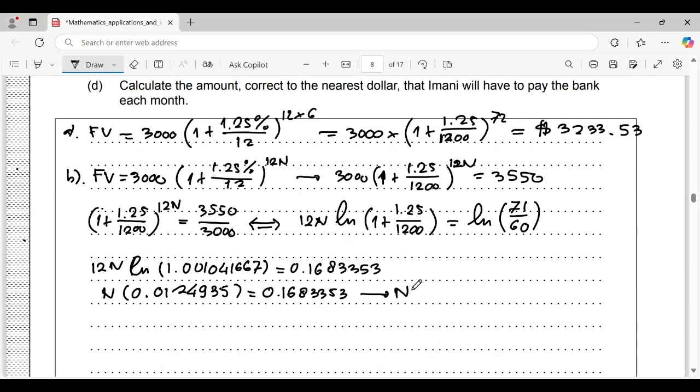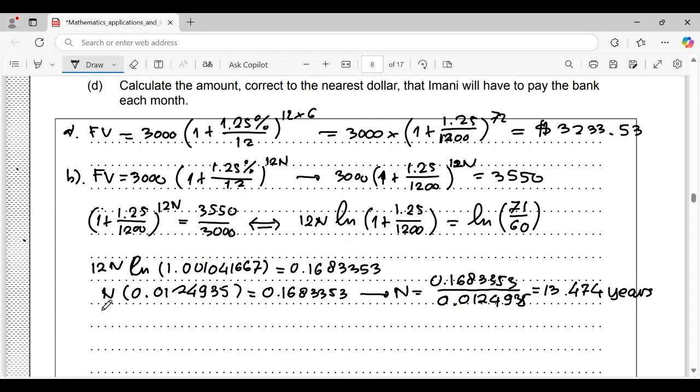So we can determine n equals 0.1683353 over 0.0124935. And n is 13.474 years. The unit is years.